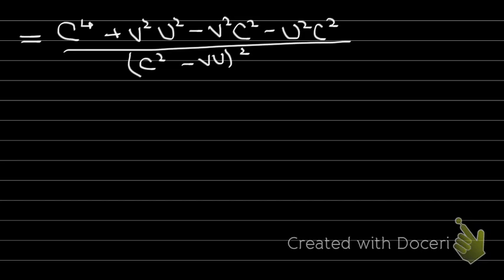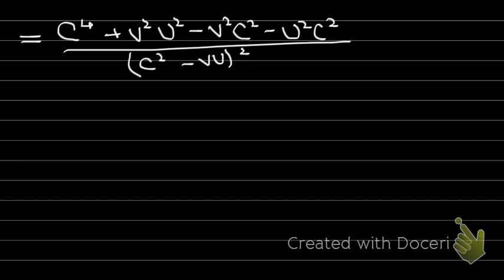Right. Okay, so what we can then see from here in the numerator, from the second and the third term, there are a total of 4 terms in the numerator, but from the second and third term I can factor out my v squared.